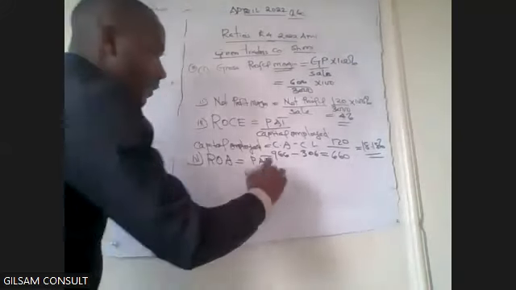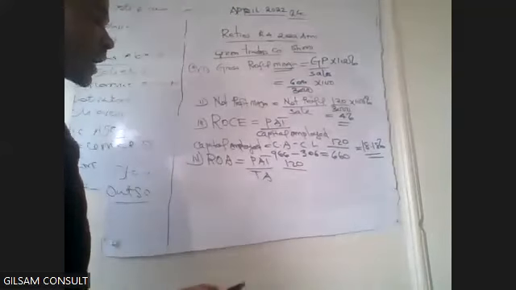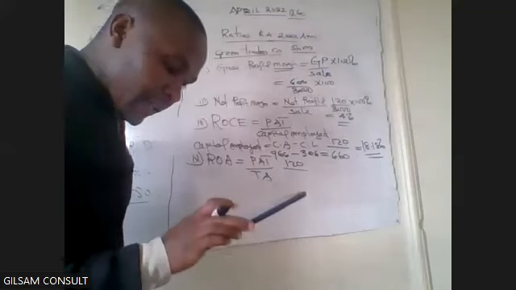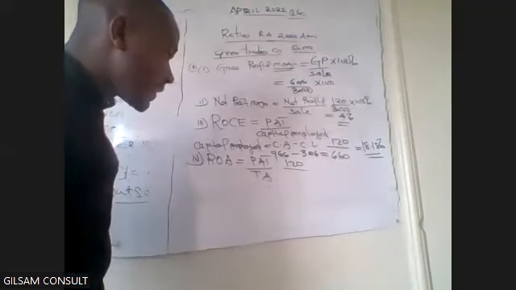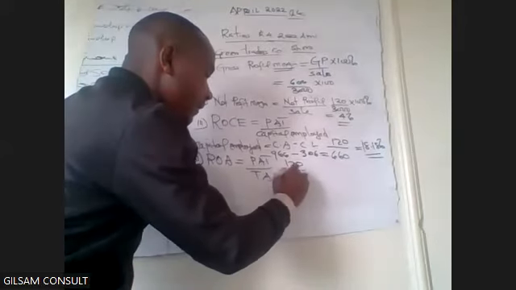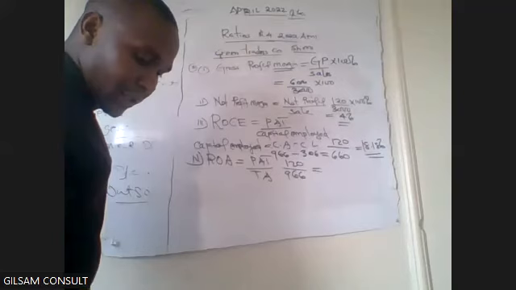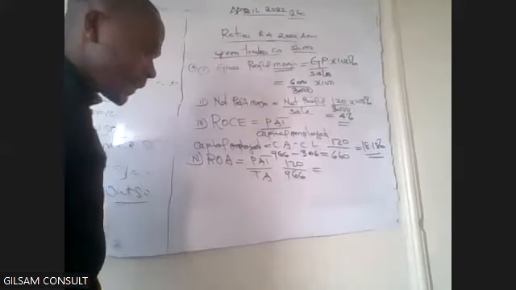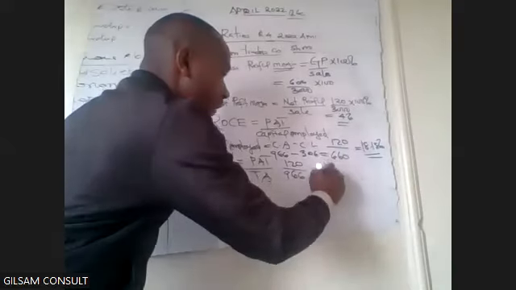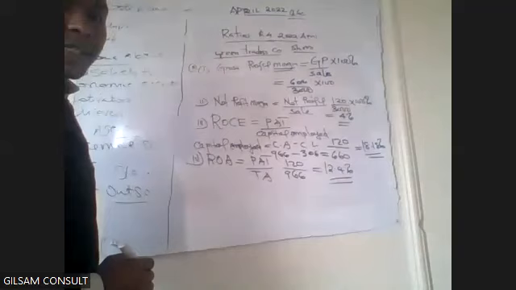Profit after tax is 120. Total assets they have given us there is 966. So you divide 120 by 966, times 100, which will be 12.4%.